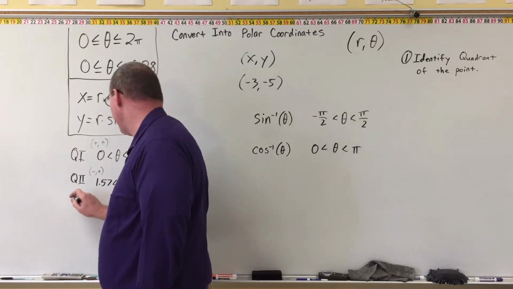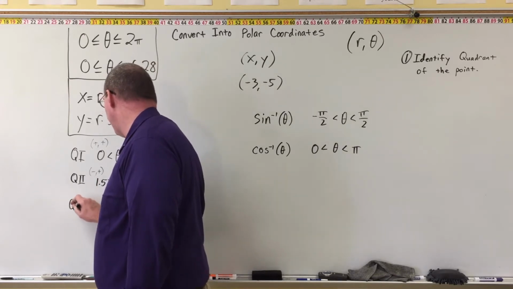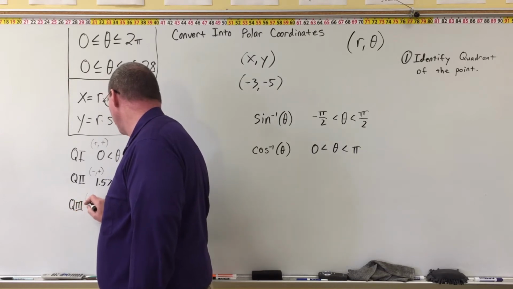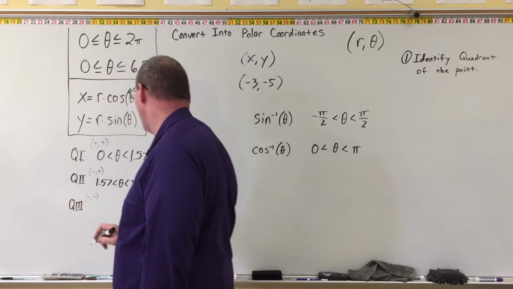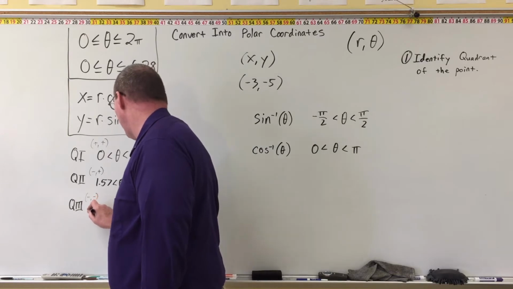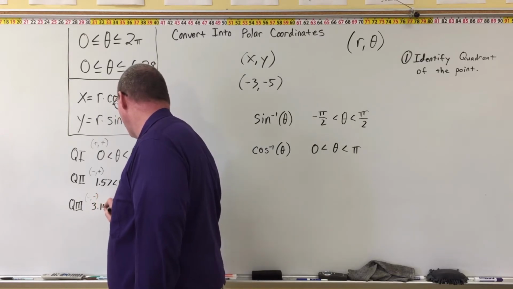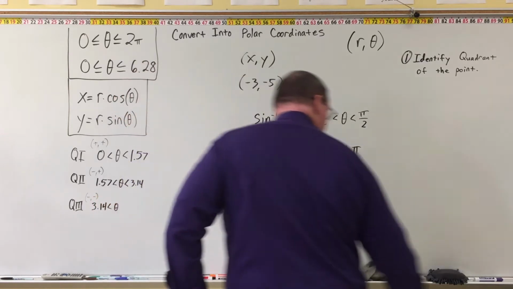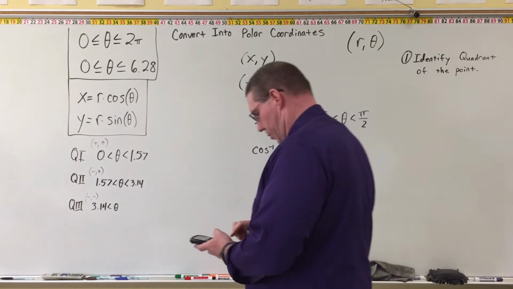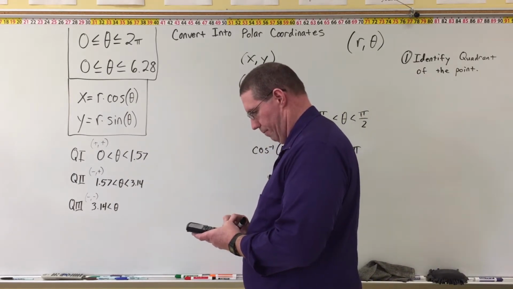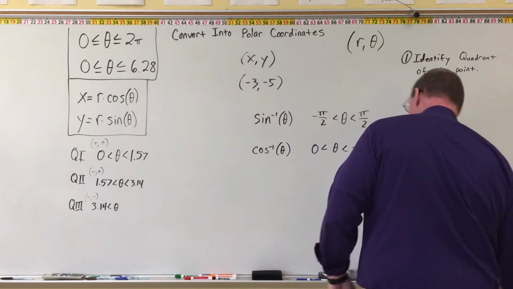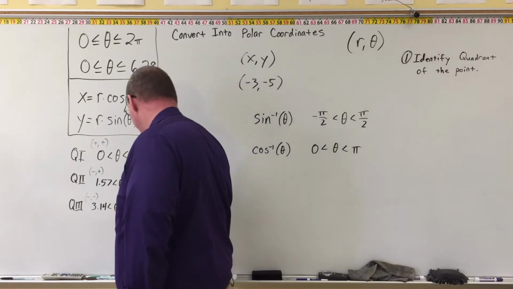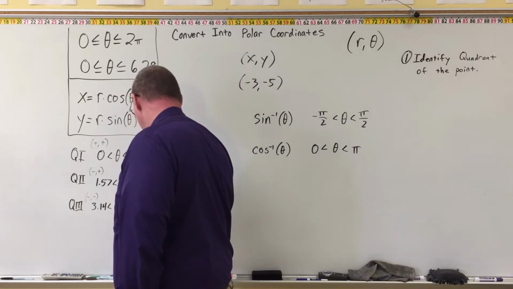If it's a quadrant 3 point, and you'll know it's a quadrant 3 point if it's a negative coordinate, then it's going to fall between 3.14 and, I always forget this one, I know I shouldn't, 4.71.